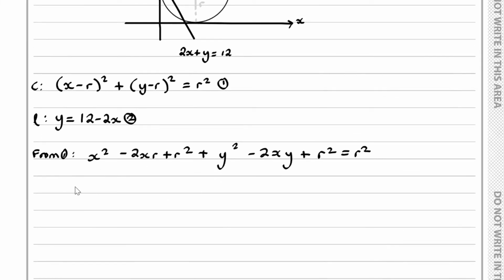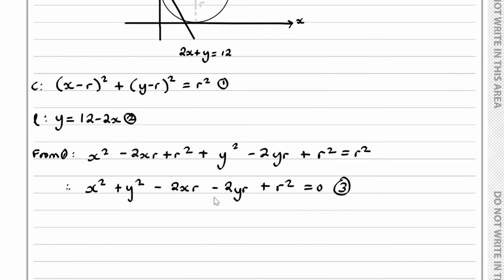Well, we've got here x squared plus y squared minus 2xr minus 2yr plus r squared equals 0. And if I call this equation 3, we can now substitute this equation here into this equation here.